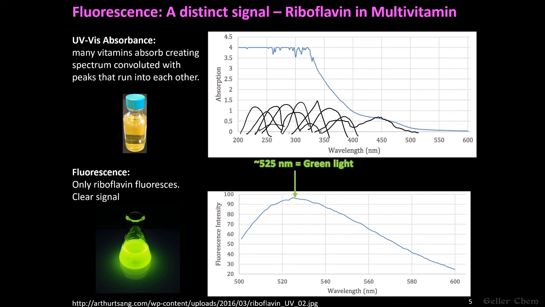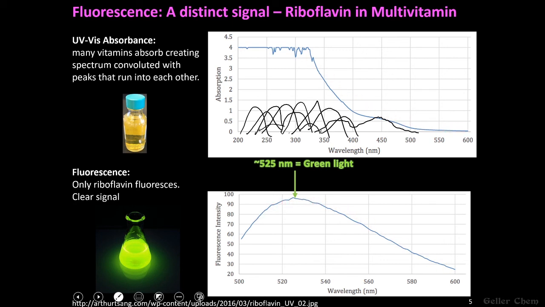It gives this neat glow that we can easily observe if we have a concentrated enough solution and we put it under blacklight. We exploit this in analytical chemistry because while all those vitamins might absorb light, only the riboflavin will subsequently emit light, and thus its fluorescence spectrum is far simpler to analyze than the absorption spectrum.